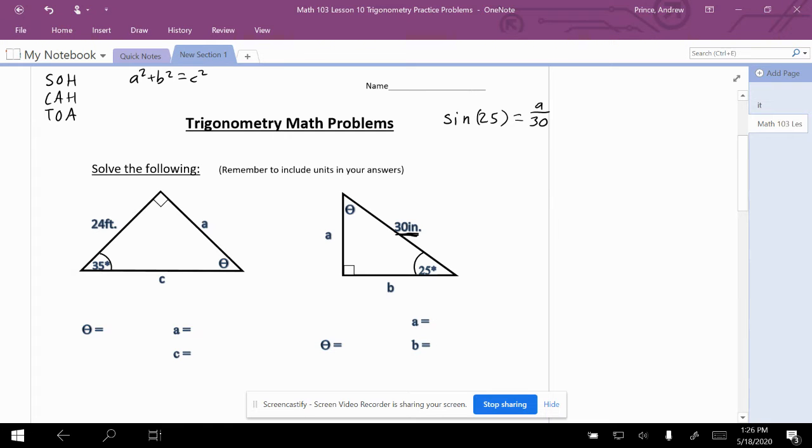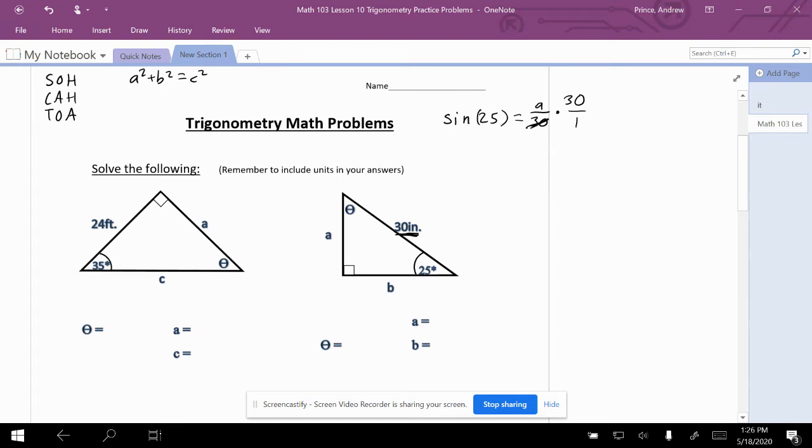This is similar to some of the basic algebra that we were doing in some of the other practice problems that we'll have. We're really just trying to solve for this variable here, A. It's the only unknown value, and as long as we isolate it on one side of the equal sign by itself, we should be able to solve for that. The first step would be to multiply this side by 30, which is 30 over 1, the same thing as 30.